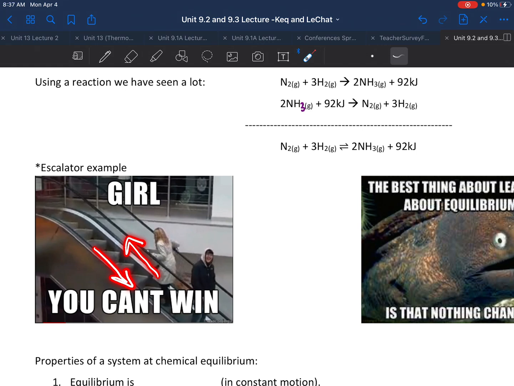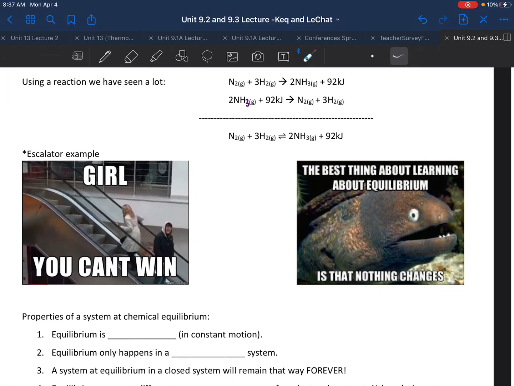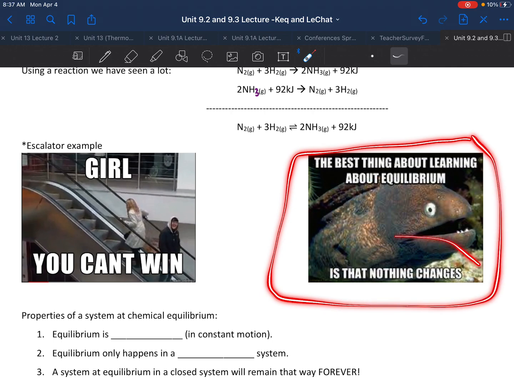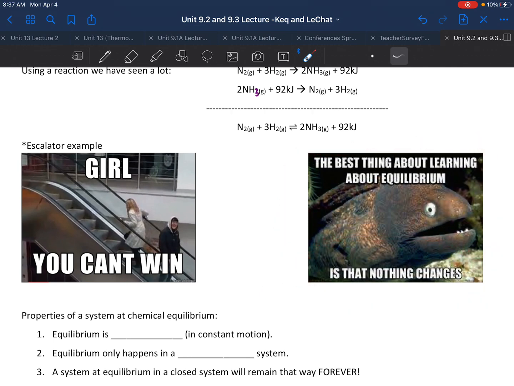If they're happening at the same rate, so she is walking up at the same rate that the escalator is going down, she will stay in the same spot on the escalator. It'll look as if nothing is changing. So, the best thing about learning about equilibrium is that nothing changes. At least that's what it appears to our eyes. So, even though it looks like things aren't changing, those rates, those reactions are actually happening.